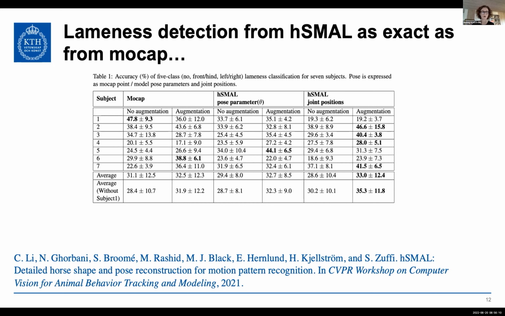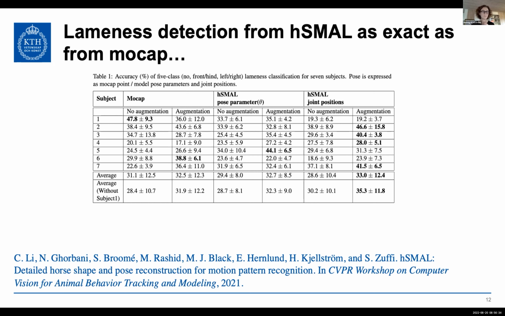where they have recorded horses. They have mocap markers on, so we have mocap ground truth. And there is also video of the horse from the front and from the side. And they run on a treadmill. So it's a very controlled scenario, but it still gives a very good view of the horse moving.